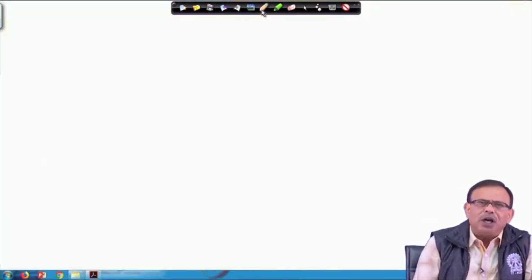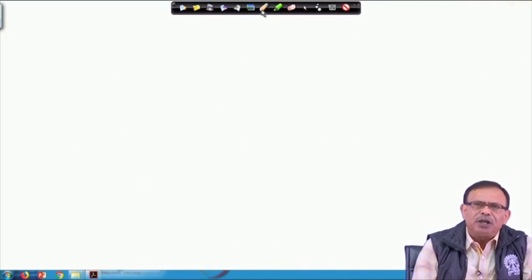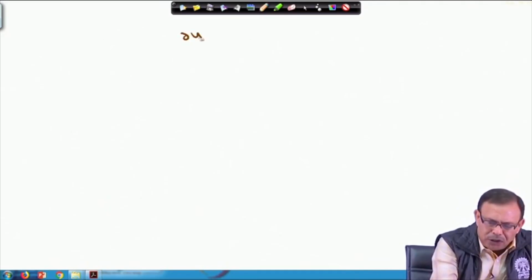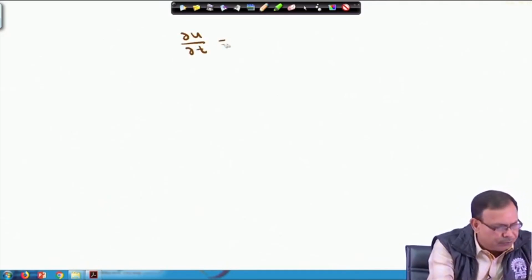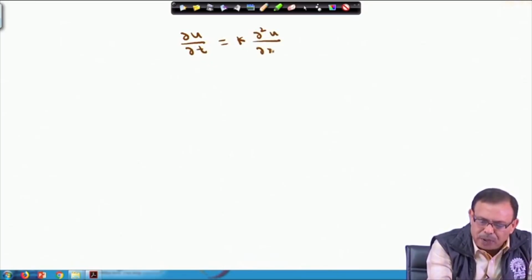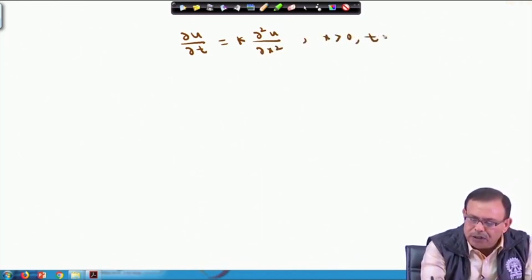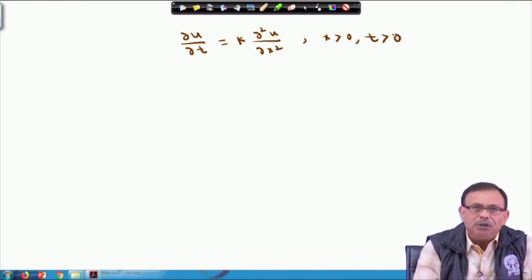At first I have to decide with respect to which variable I should take the Laplace transform. Your equation is this one, ∂u/∂t = k ∂²u/∂x², where x is greater than 0 and t is greater than 0.